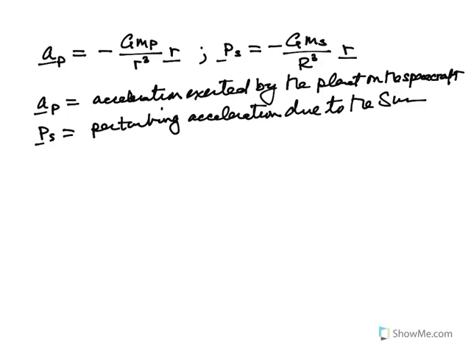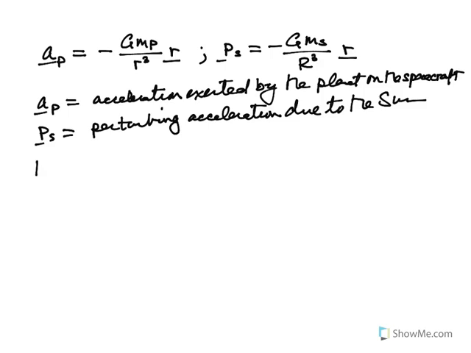Now, if you look at this, you see that we actually have done two things here. The first thing is, when we did it originally, we were thinking about the primary influence being the sun and the planet being the perturbing acceleration. And then in the second case, we're thinking of the planet being the primary body of acceleration, and the sun being the perturbing body.